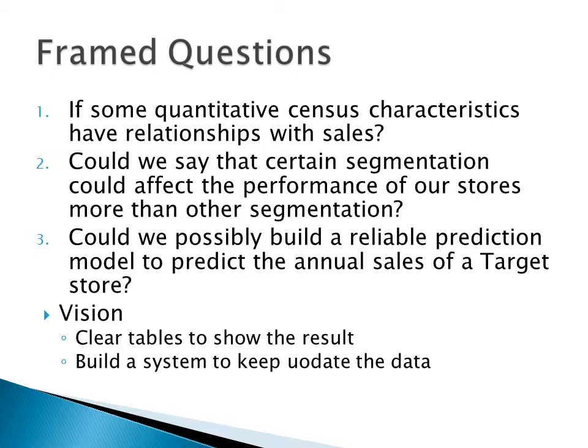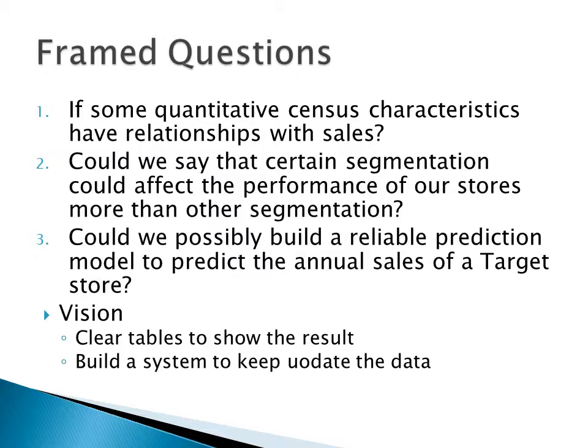And for vision, I want to have clear tables or a spreadsheet to show all the correlations for each variable, so I can clearly know all the relationships, the direction, whether this is a positive or negative relationship, and the label if each variable has a weak, moderate, or strong relationship with the others.